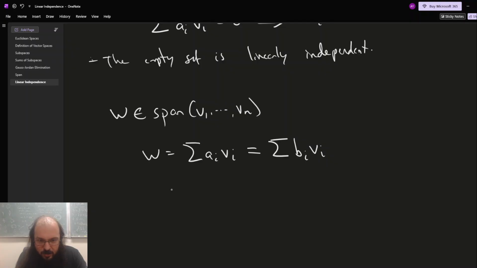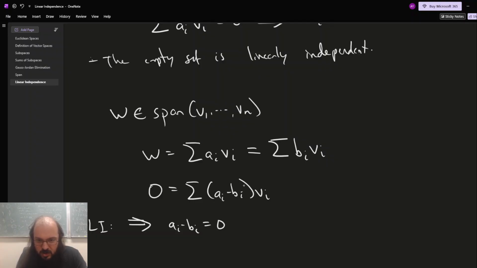Well, then I could subtract these things and I could write 0 equals the sum of AI minus BI times VI. And so if this set is linearly independent, then this forces AI minus BI to be 0. So we would say linear independence implies that all of those coefficients are 0 because this is a sum of some VI's. All the coefficients are 0. And that in turn means AI equals BI.